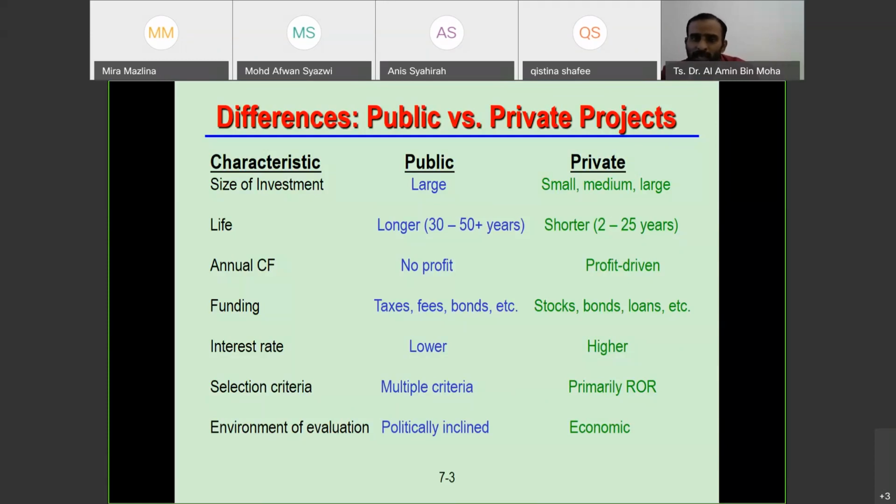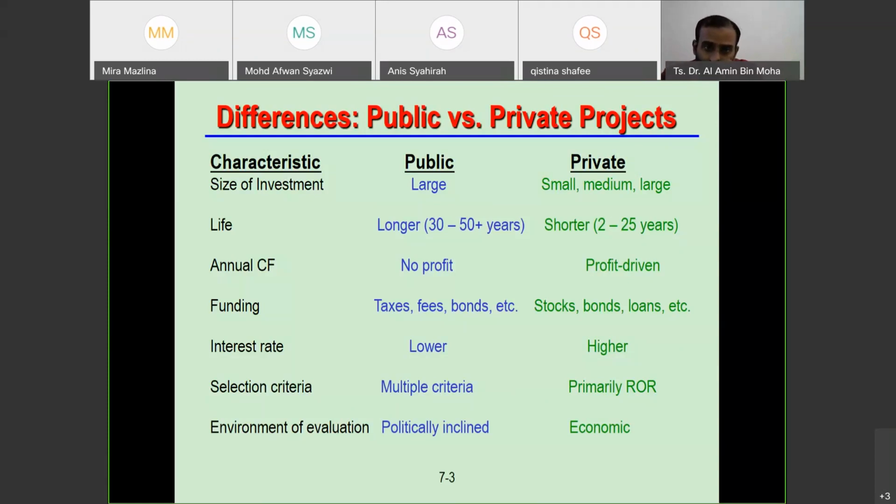So it's basically profit-based consideration, because most of the things that have been covered by previous lecturers are more on the private side. So it is clear cut. We got profit or not? You're going to lose or you're going to get profit? You're going to make money or you're going to lose your money? So we are going to decide based on that.